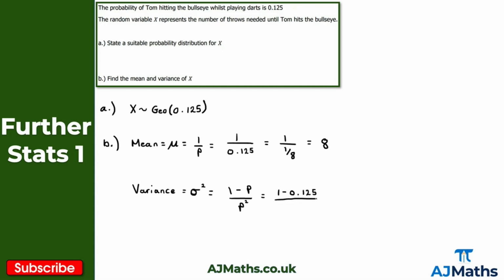Then we divide this here by 0.125 squared. What you need to do now is just simply put this into your calculator here. And if you do that correctly, what you should get here is 56. Okay, so the variance here is equal to 56. And there we have it. So that's the solution to question 3. That brings the end of this video on the mean and variance of a geometric distribution.